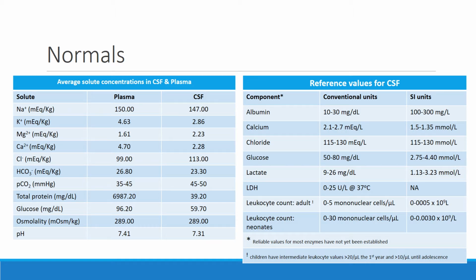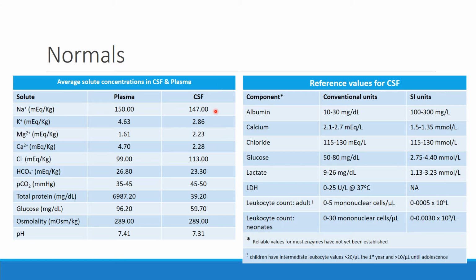Okay, so the value of the normals, and they're given here in this chart, these are not necessarily as accurately represented as in the plasma levels. So the plasma levels, especially across ages, we know what is normal at the various ages and health situations for men, for women, the whole thing. CSF, we're a little bit looser on it.